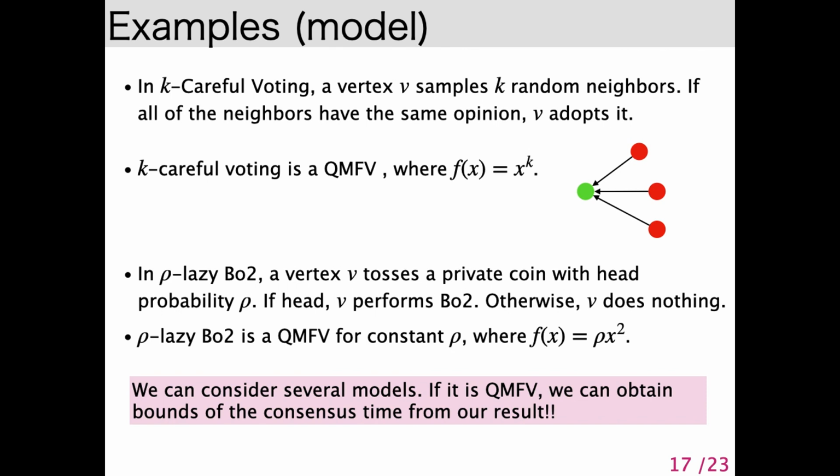We can easily see that rho-lazy best of 2 is quasi-majority if rho is a constant. So, quasi-majority functional voting contains several natural voting processes, and we can obtain bounds of the consensus time from our main result. This is the strength of our result.